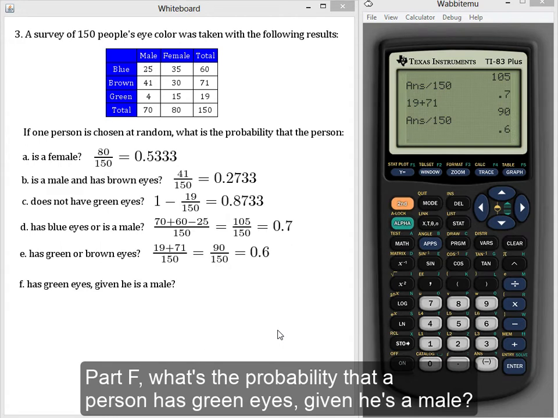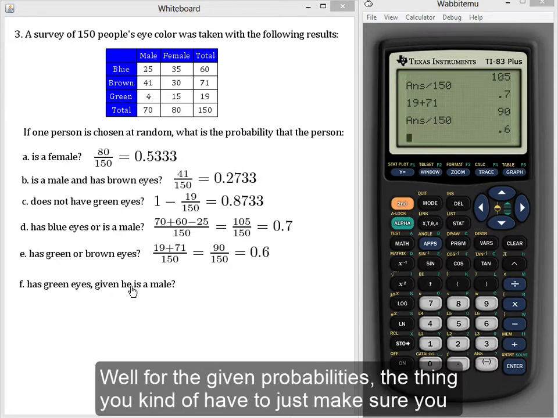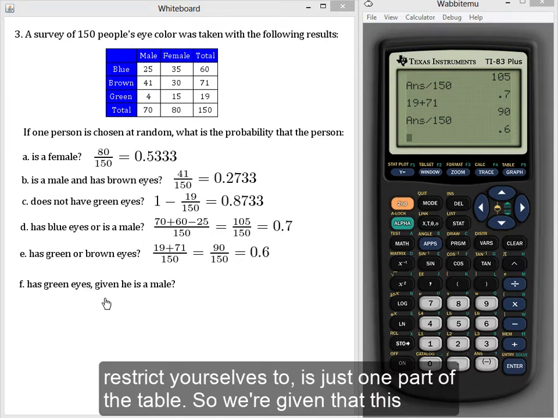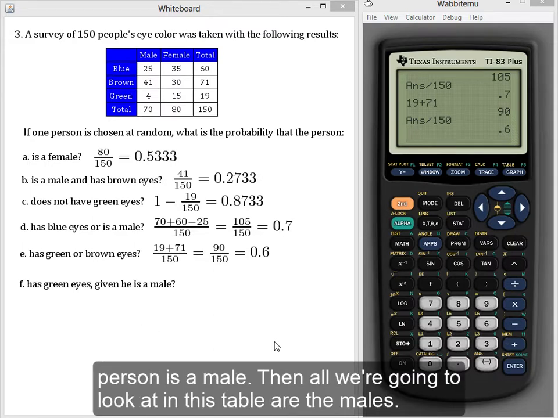Part F, what's the probability that a person has green eyes given he's a male? Well, for the given probabilities, the thing you kind of have to just make sure you restrict yourselves to is just one part of the table. So we're given that this person is a male. Then all we're going to look at in this table are the males.